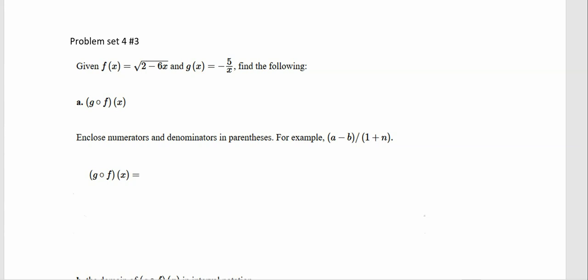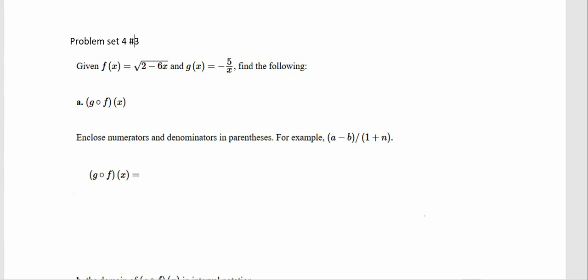So we got this question via email about problem set number 4, number 3, and the email was actually about part B, which I'll get to here in just a second. But I figure I'll go ahead and do the whole thing. So we have to find this composite function g of f, right?